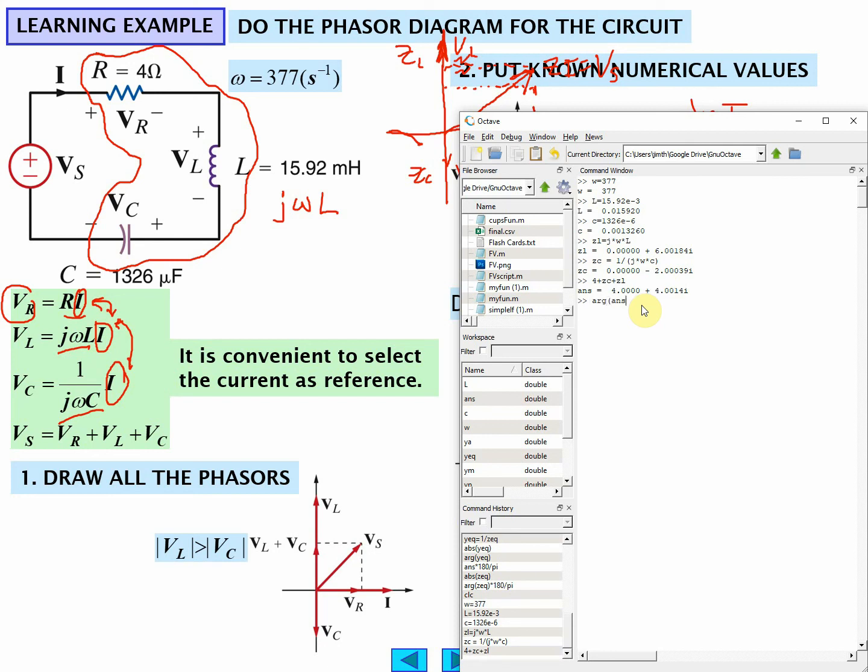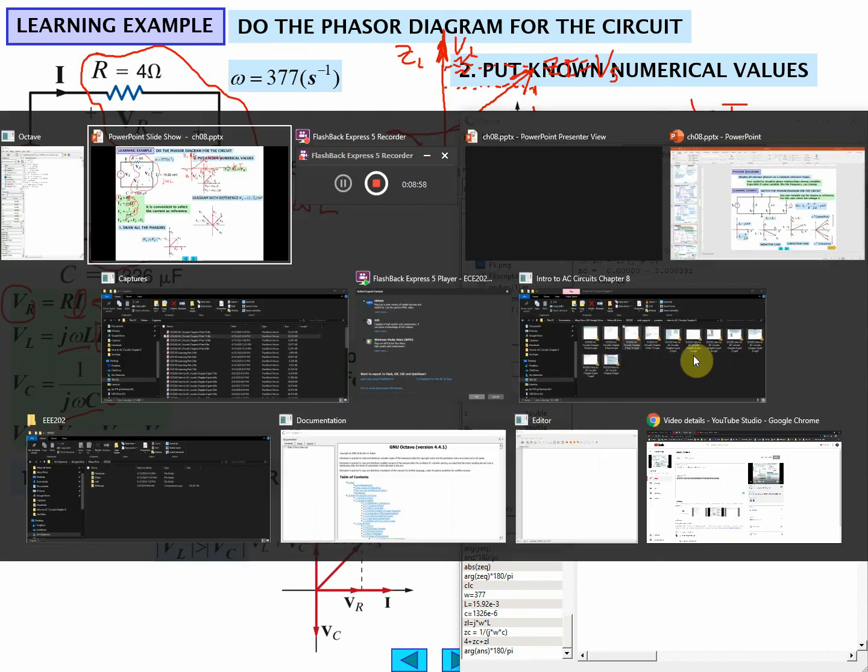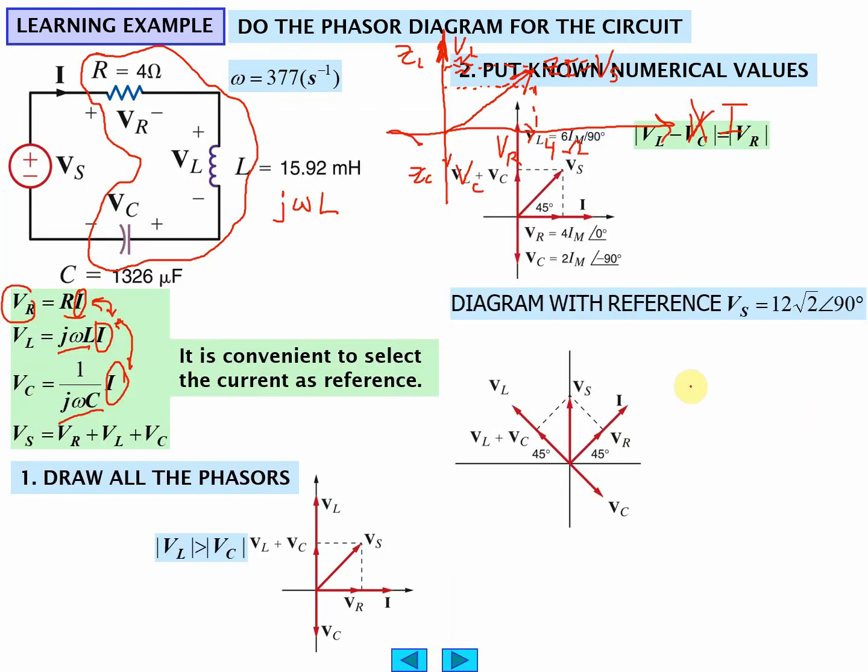Arg of answer times 180 divided by pi. There we go. 45.01 degrees. A little rounding error, obviously. I didn't realize it was almost exactly 45.